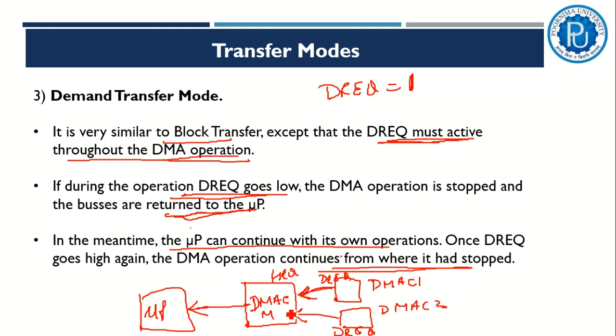After getting the request, this request will be transferred to the microprocessor. So in this transfer mode, we have one or more DMAC controllers, which means a number of peripheral devices can be connected to the microprocessor.